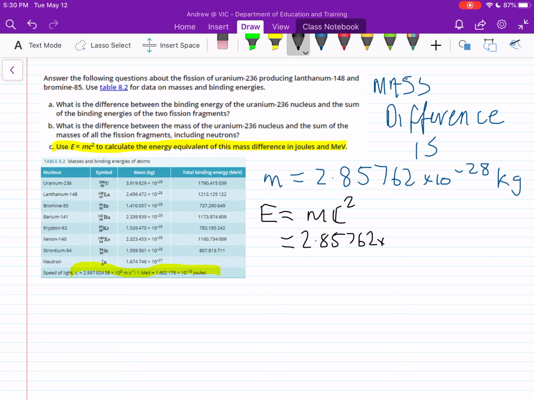E is equal to 2.85762 by 10 to the negative 28. And we just need to multiply this by c squared.